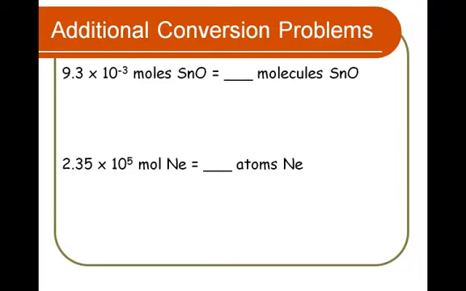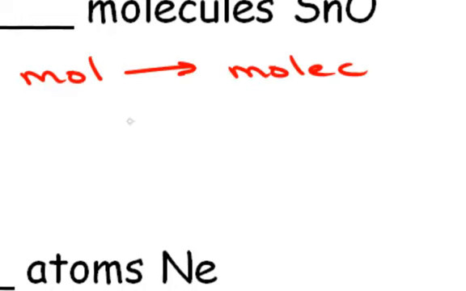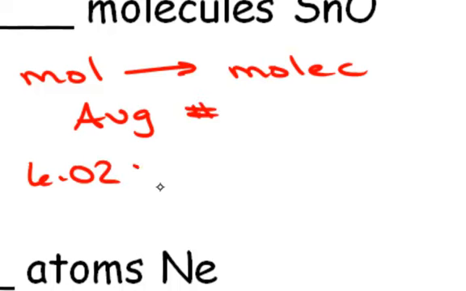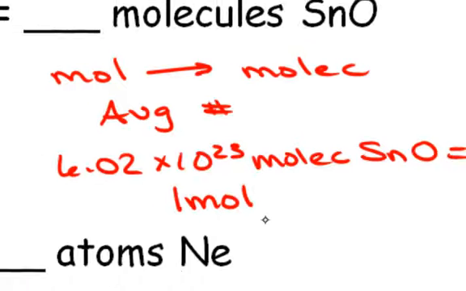We want to look at 9.3 times 10 to the negative third moles of SnO. How many molecules is that? Well, since we're starting with moles and want to go to molecules, we're going to need to use Avogadro's number, which recall is 6.02 times 10 to the 23rd, in this case, molecules of SnO, and that's equal to 1 mole.